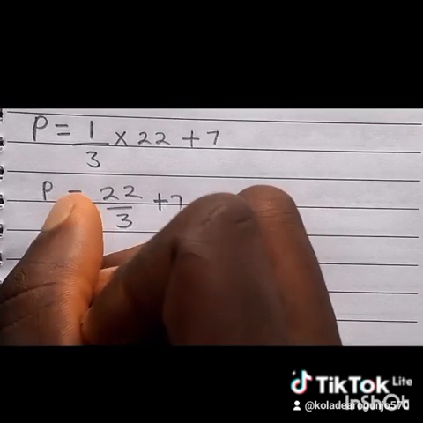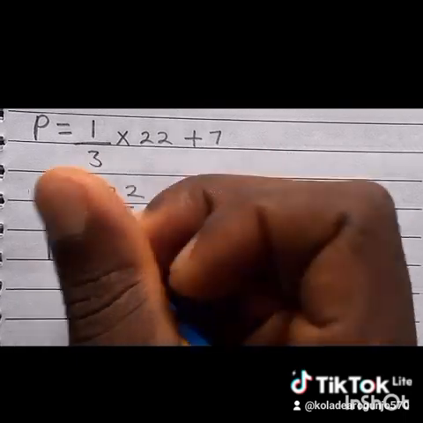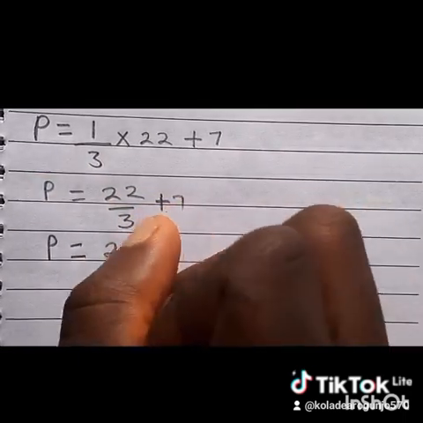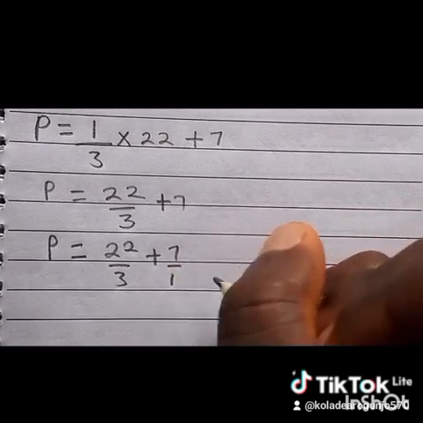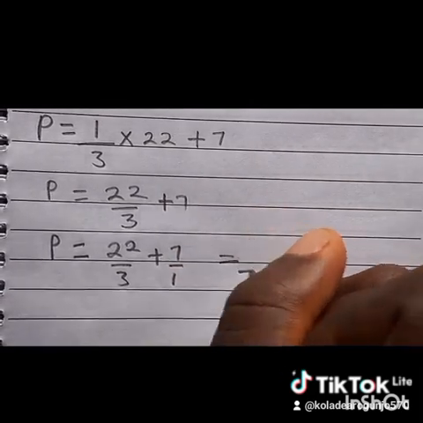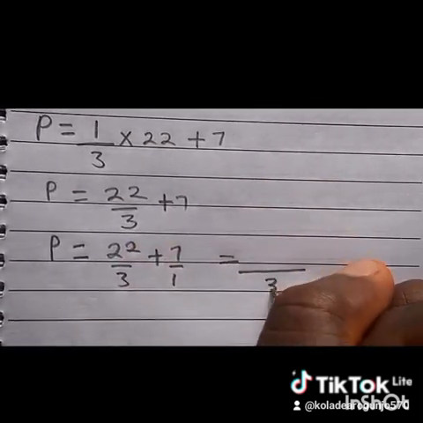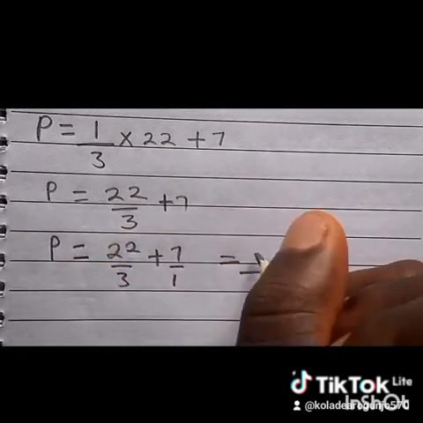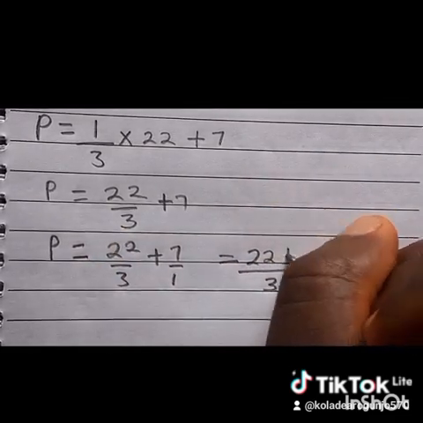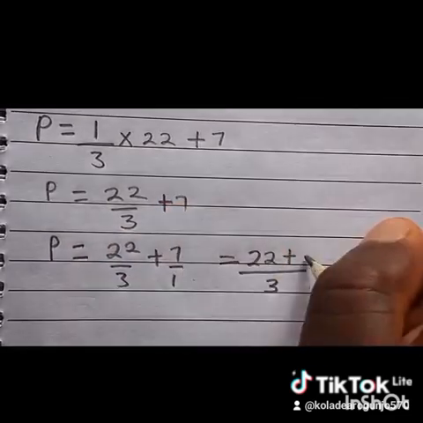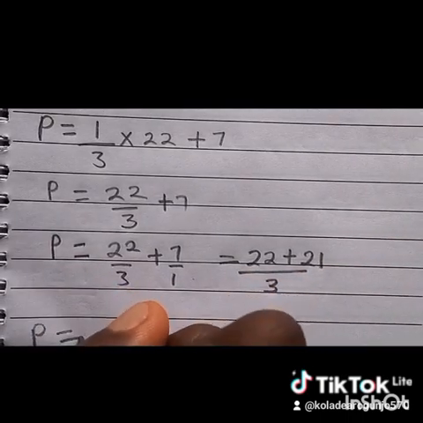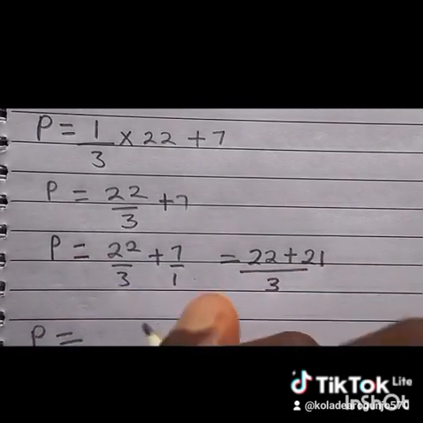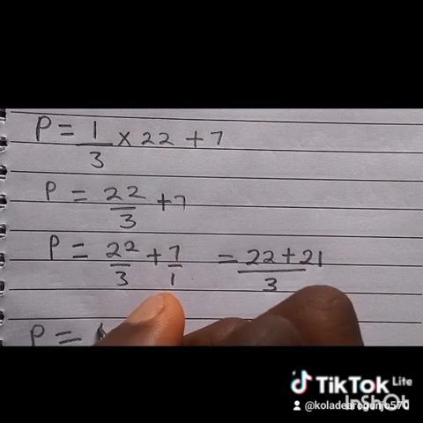So we are going to find the common factor that would go into 22 over 3 and 7. I think that should give us 3. 3 in 22 over 3 is 22, plus 3 multiplied by 7 is 21.